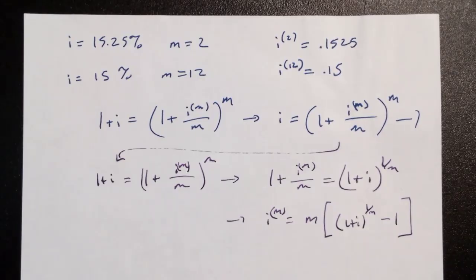Here's a way I can get the nominal rate separated from the actual equivalent rate. What happens as I compound more and more often?